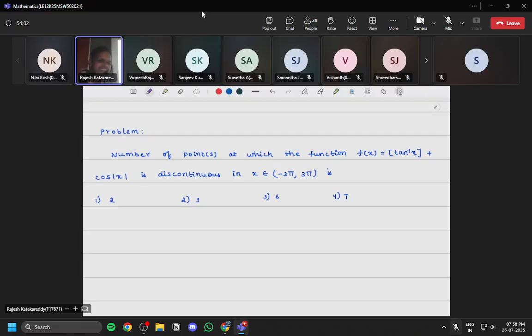How many integers are there in that? That many discontinuous points. What are those? x is minus 1, correct? 3 discontinuous points means 3 non-differentiable points.